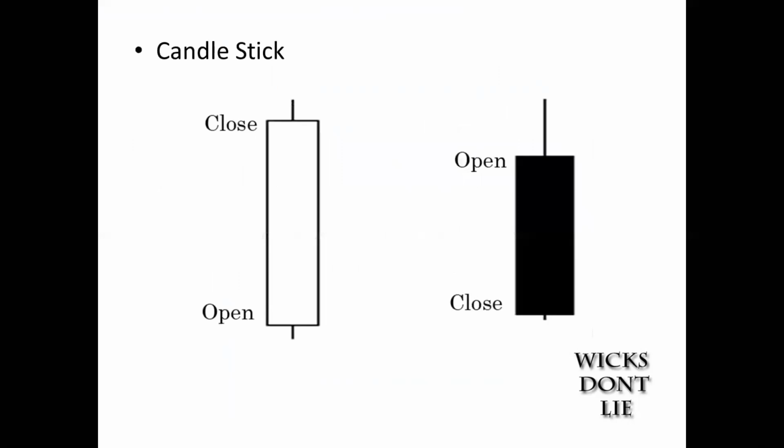Candlesticks. Now, what candlesticks are? Candlesticks have wicks. These are your wicks on candlesticks. These wicks are ranges, okay? Let's say this candle opened from the top and then it closed at the bottom, right?